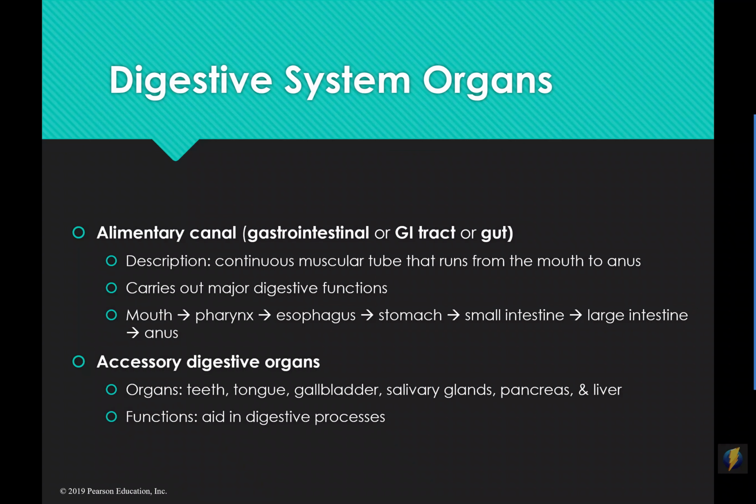They might make some enzymes, they might help break down the food, they might produce secretions that help us digest our food. So they're not playing a primary role in terms of what the digestive system is doing, but the digestive system and the GI tract wouldn't be able to do what it does without these accessory organs.